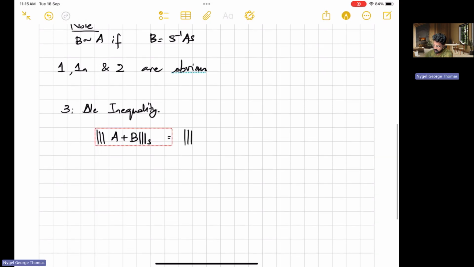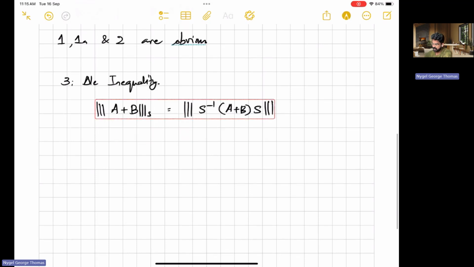This is the norm of S inverse (A plus B) S. We can split this up, which is S inverse AS plus S inverse BS.